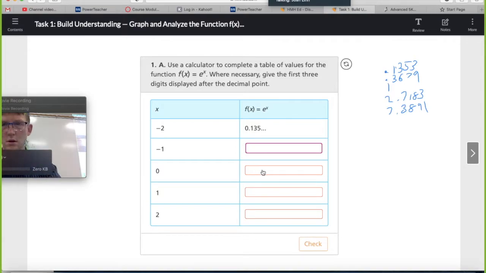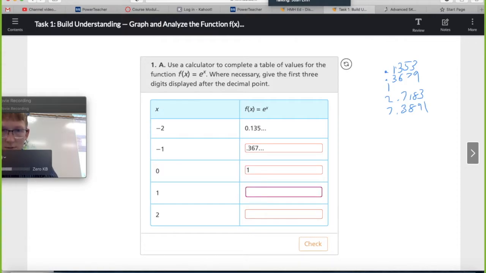So then our negative 1 is going to be 0.367... I'm intentionally not rounding because those dots mean that the number goes on. I don't know if that's the right thing to do for what the book wants, but whatever.